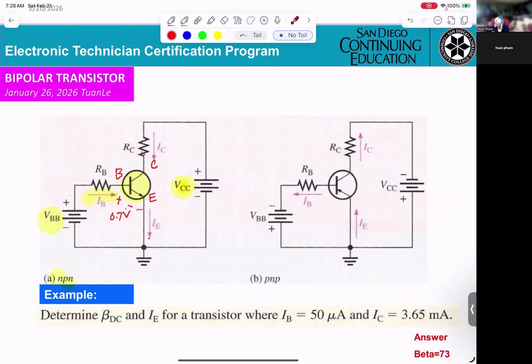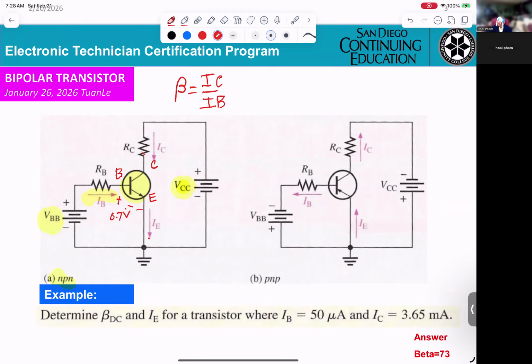And you already know we get the formula beta equals IC over IB.